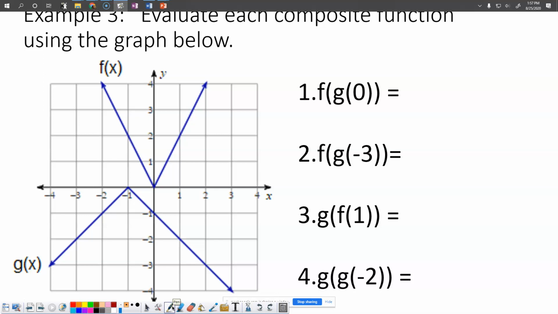Okay, so we're going to do the same thing now, but instead of working with a table, we're going to work with a graph. So let's do it. We have two functions up here. I think I will color code them just so it's easier to talk about. We have the g function.